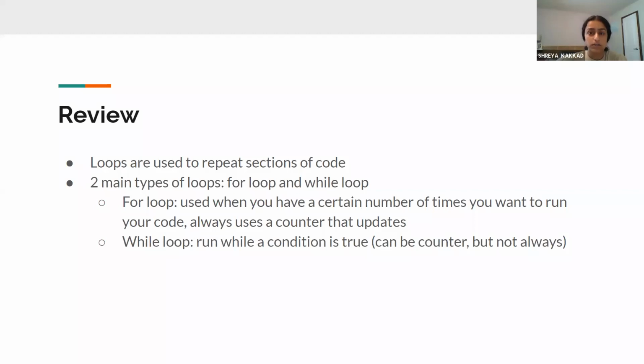Or you can also set a loop to run while a condition is true. So maybe if you don't want to use a counter, say you have people ordering ice cream, you can have something run until they've ordered an ice cream that is out of order or does not exist at the shop.